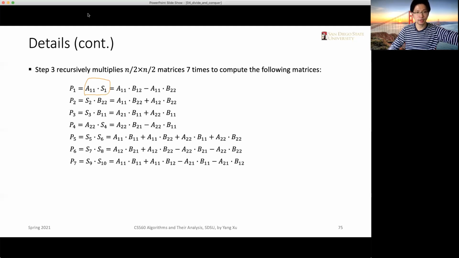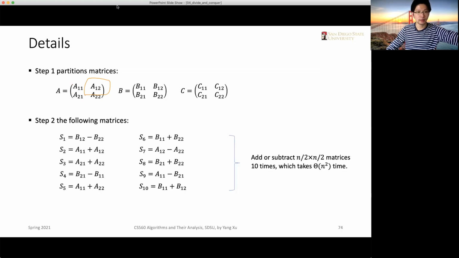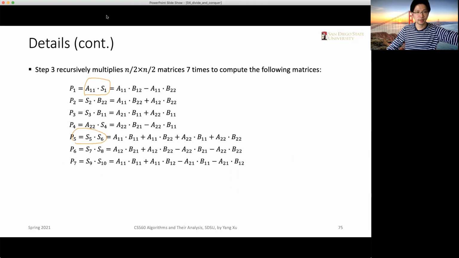Since S1 is B12 minus B22, the meaning of A11 times S1 is A11 times B12 minus A11 times B22. But this is not what we will actually compute. What we actually compute is A11 times S1, recursively solved by the algorithm itself. We're not going to expand the equations. These are the actual computations we need to compute.